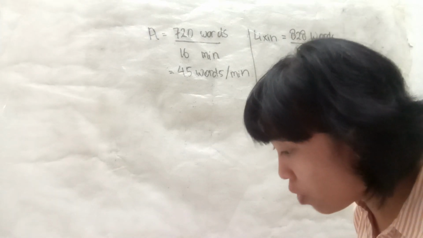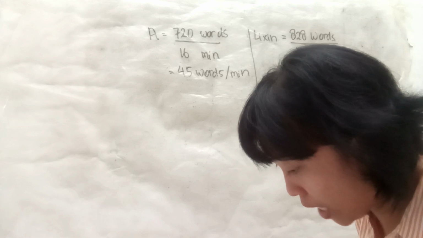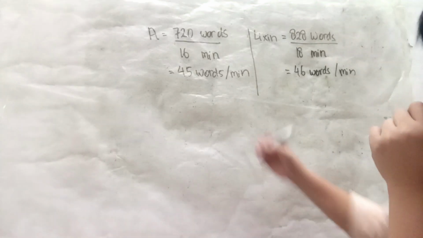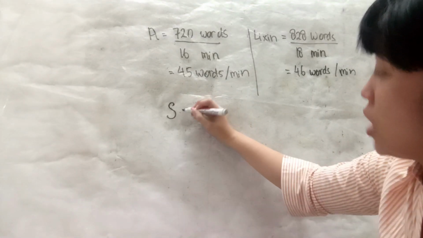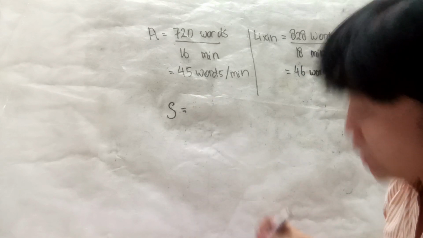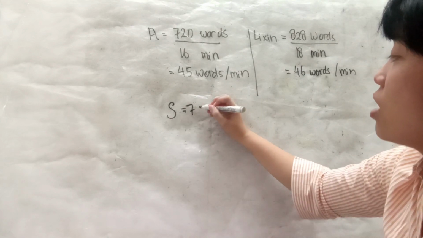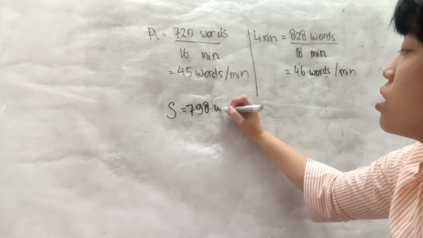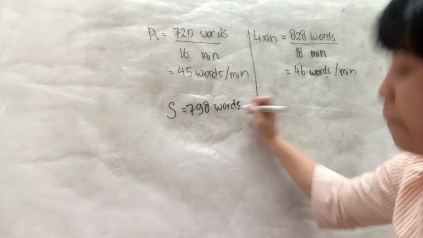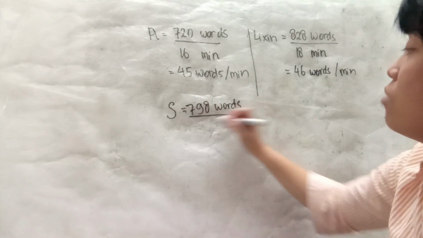Next, that is for Shirley. She can type 798 words per 19 minutes.